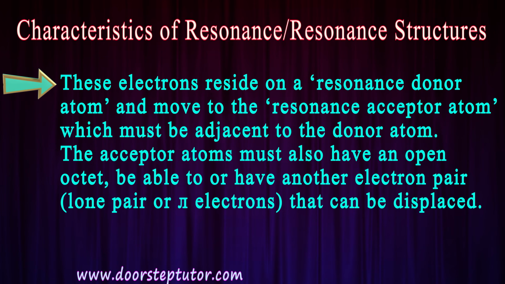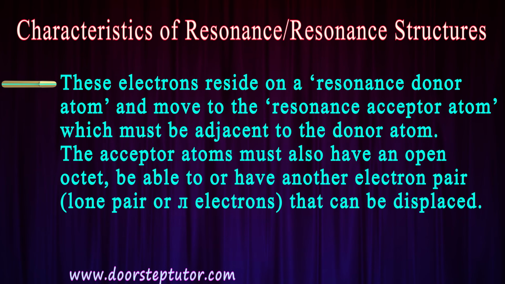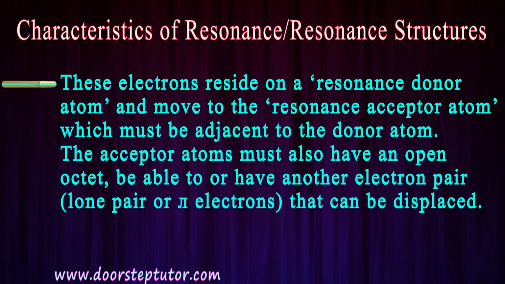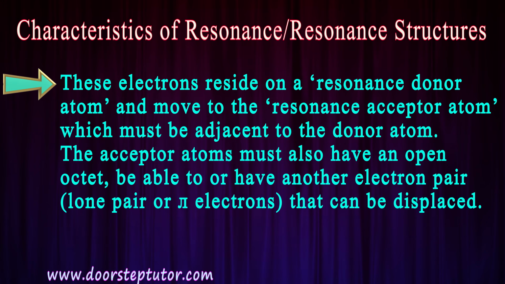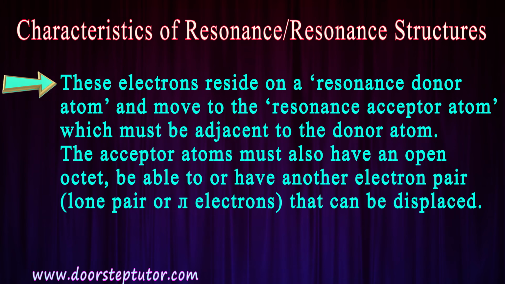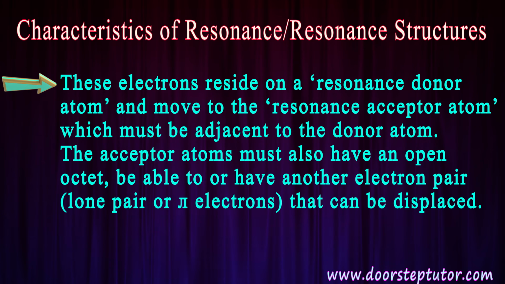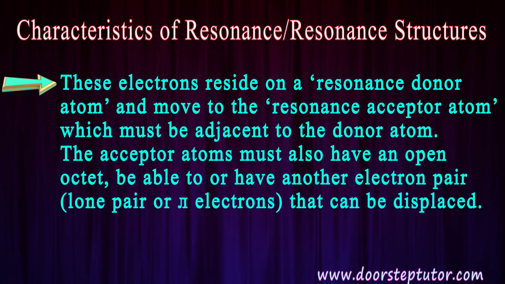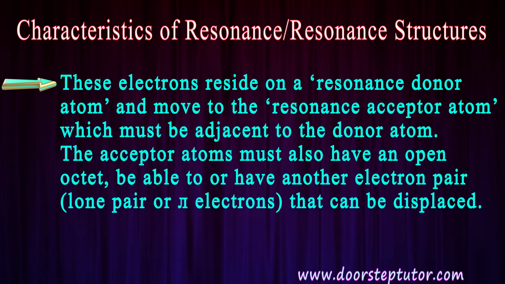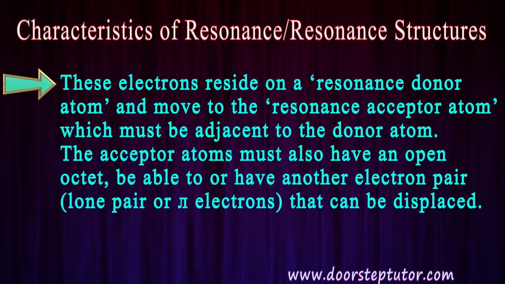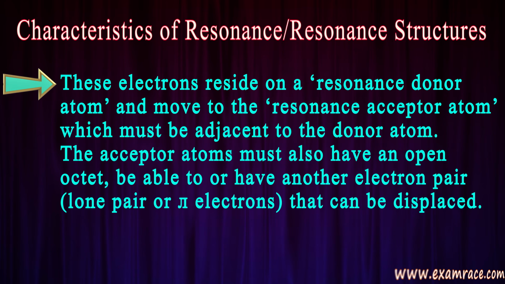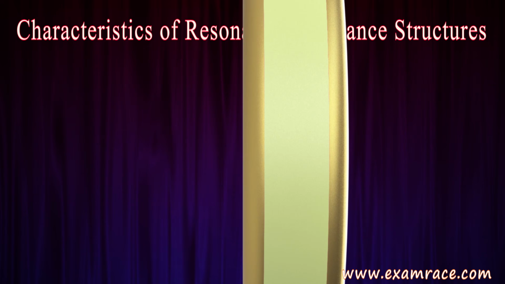The acceptor atom must also have an open octet, because if it does not have an open octet, then the electrons will not be able to move from one atom to another.